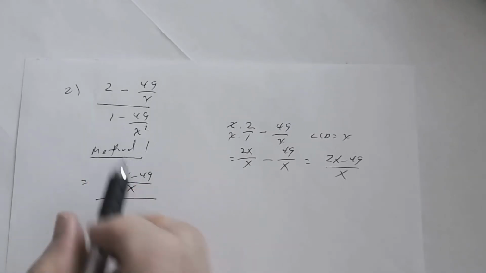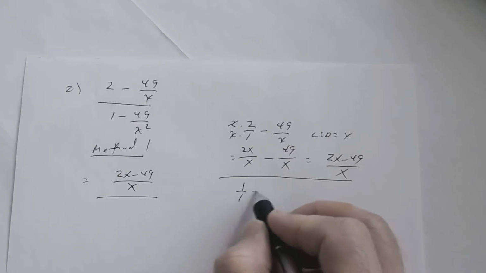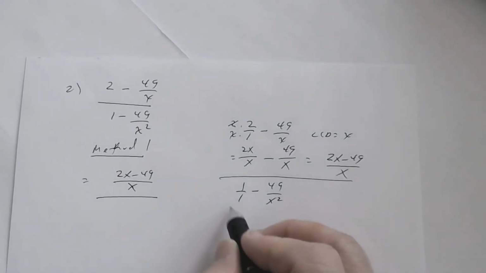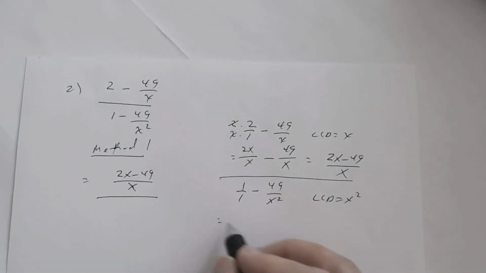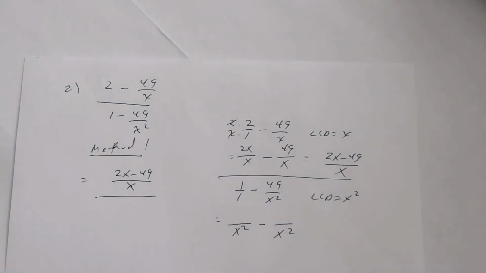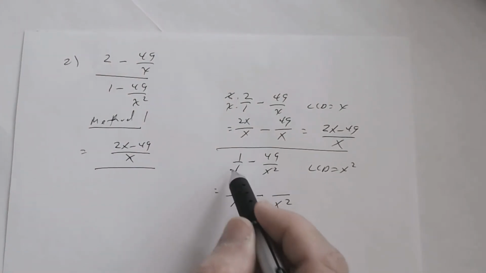Now let's do the denominator. So my denominator, I have 1 minus 49 divided by x squared. And so notice the LCD of 1 and x squared is x squared. So I'm going to write 2 rational expressions with x squared as the least common denominator. And so notice I have 1 here. I need an x squared, so I got to multiply by x squared.